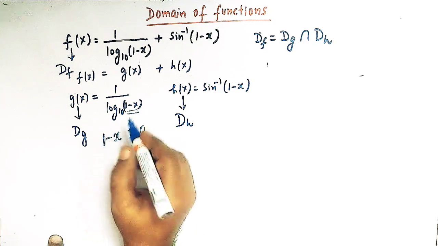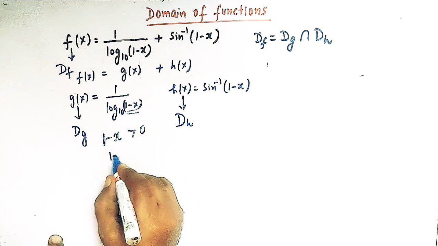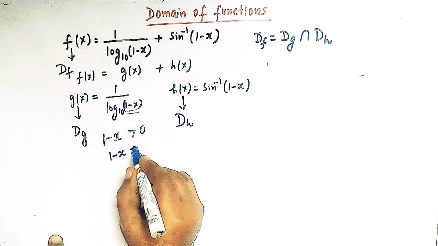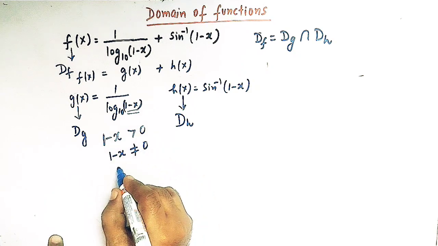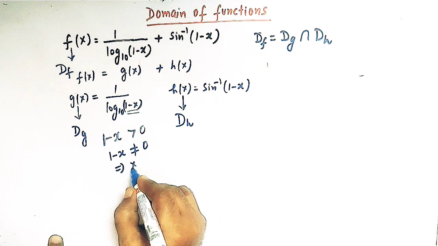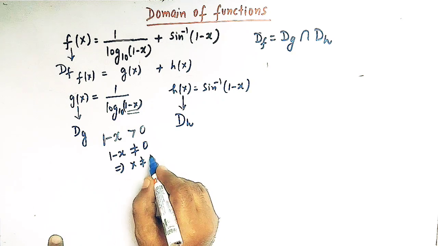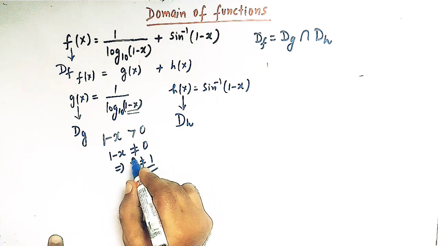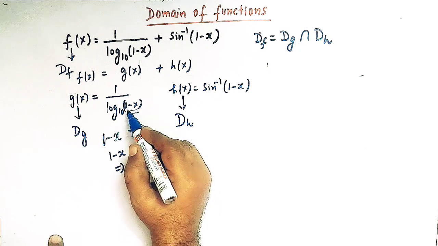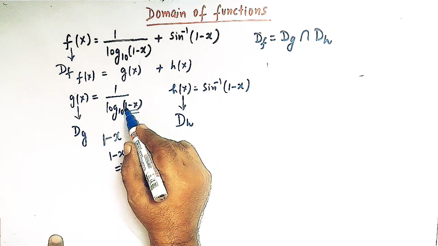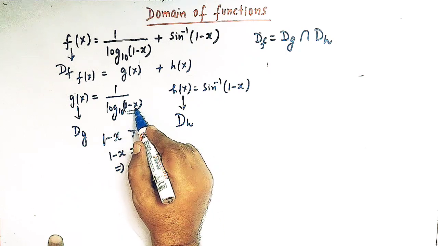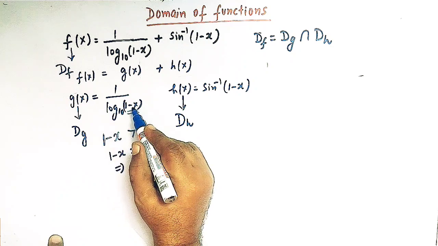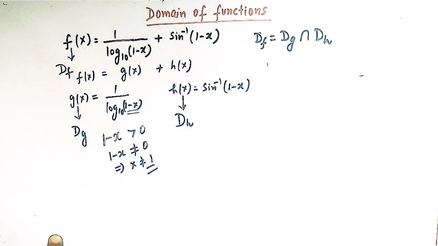And moreover, here 1 minus x should not be equal to 0. It implies that x should not be equal to 1, right? So we have to discard x equal to 1, because in that case it becomes 1 minus 1, 0, and logarithm of 0 is not defined, right?